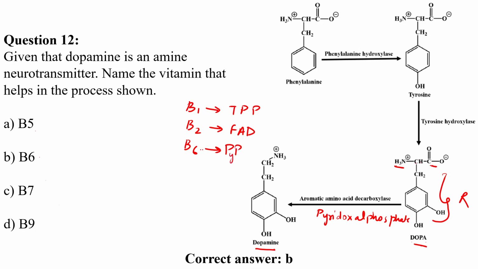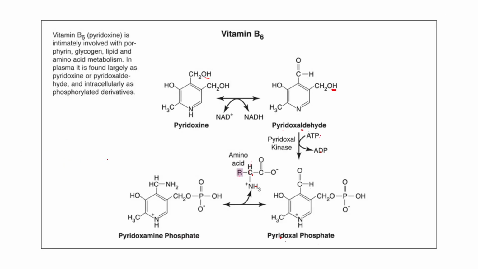Okay, so B6 is pyridoxine, and from pyridoxine we get pyridoxal phosphate, and this pyridoxal phosphate actually helps in decarboxylation. It takes out the CO2 and it helps in the decarboxylation reaction and amino acid synthesis. Okay, mainly it is involved in amino acid metabolism. When we study amino acid metabolism, you will see the role of pyridoxal phosphate there.